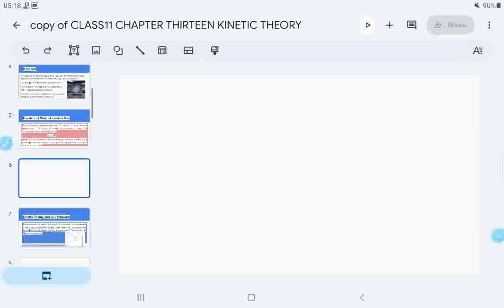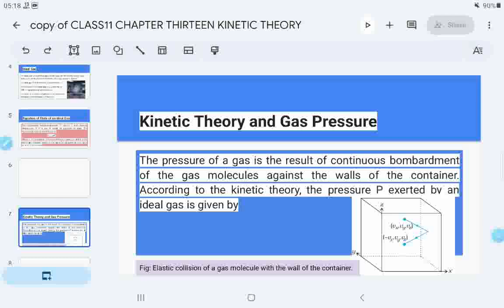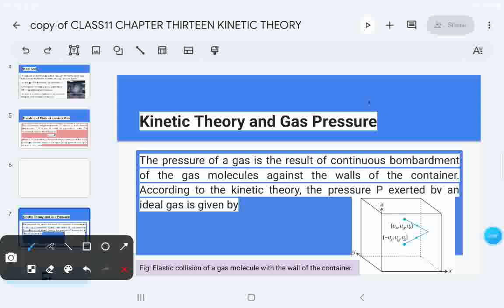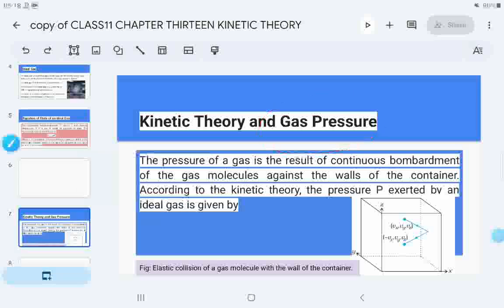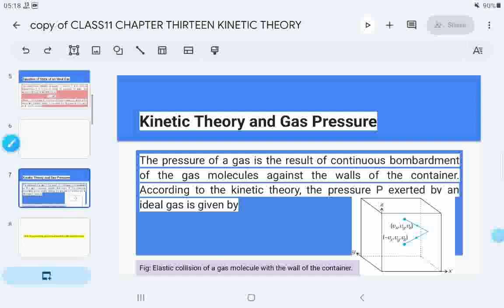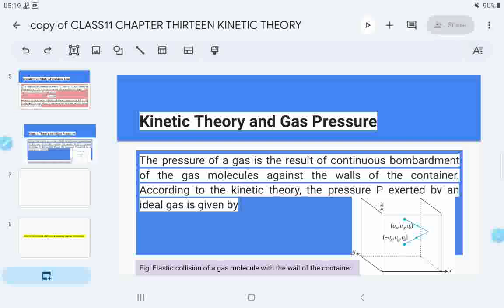We will come to the derivation part, which is how much pressure is exerted by an ideal gas on the walls of the container in which it is filled. Before going ahead, we have to take some assumptions, called the assumptions of an ideal gas.